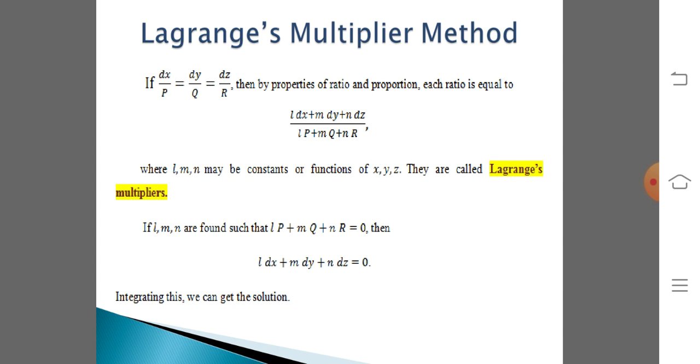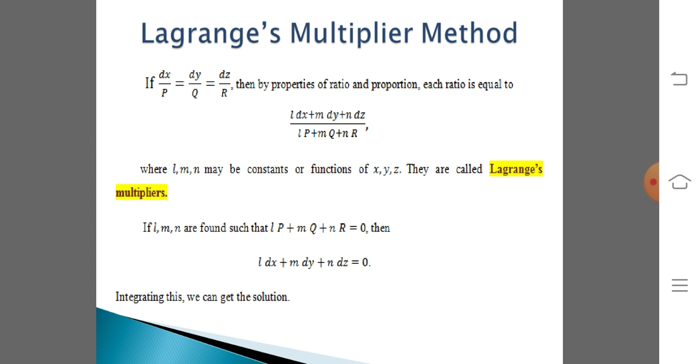So these values should be chosen in such a way that lP plus mQ plus nR should be equal to 0. That means the denominator in the term l dx plus m dy plus n dz by lP plus mQ plus nR, the denominator lP plus mQ plus nR should be 0.